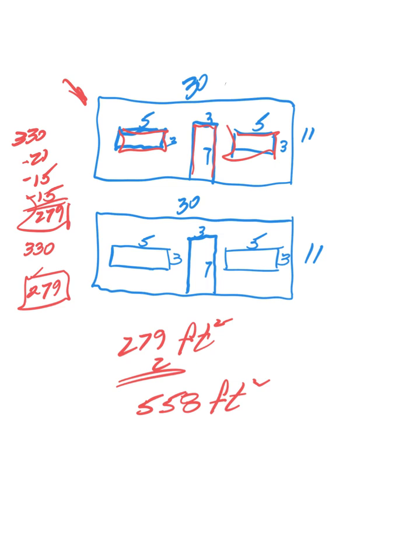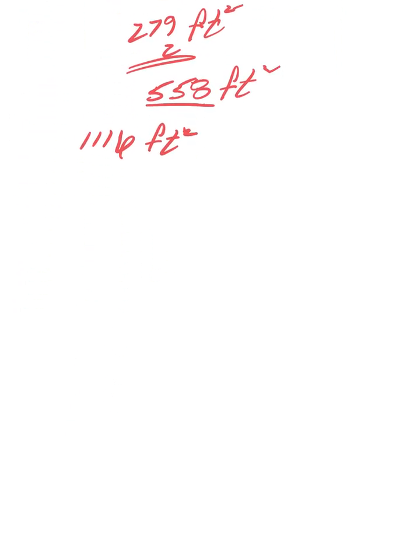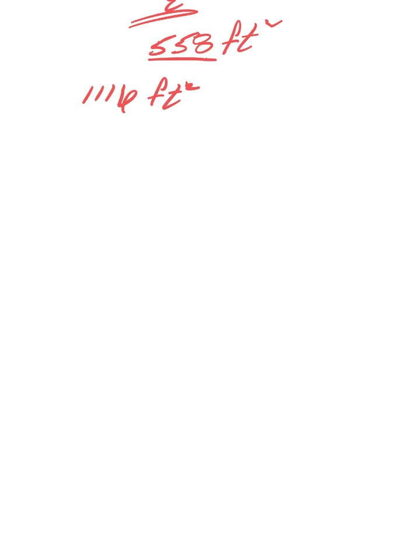It says that I'm going to put 2 coats of paint on each wall, which means my amount of square foot is going to double. So I'm actually going to have 1,116 square feet of paint that I need because I'm doing 2 coats there. All right, so that's the amount of paint I need to cover that much.